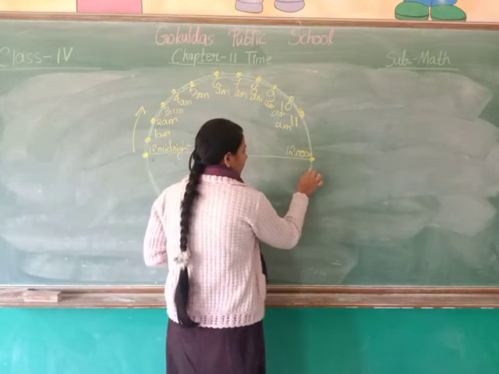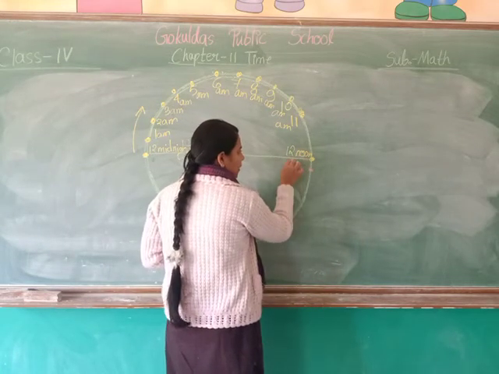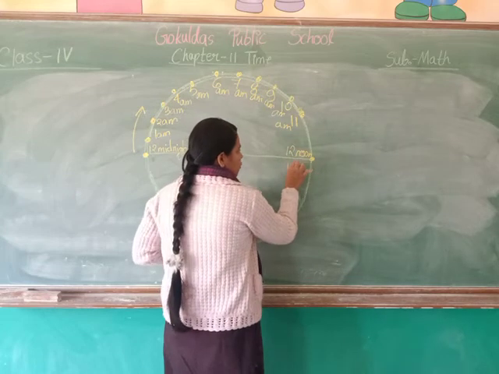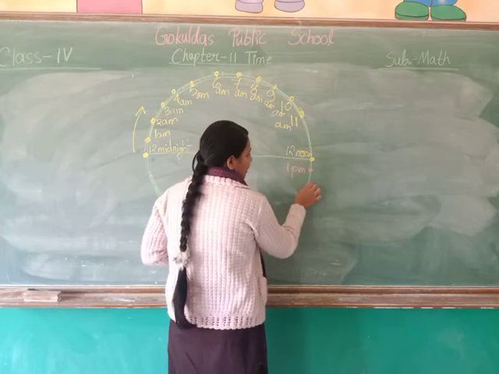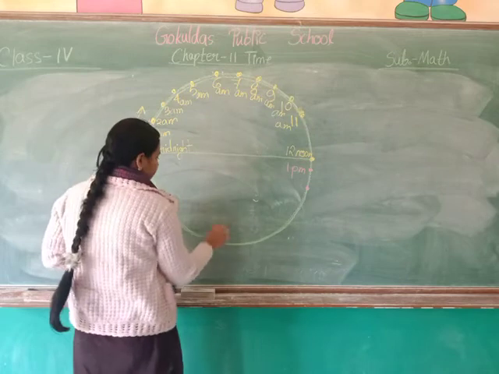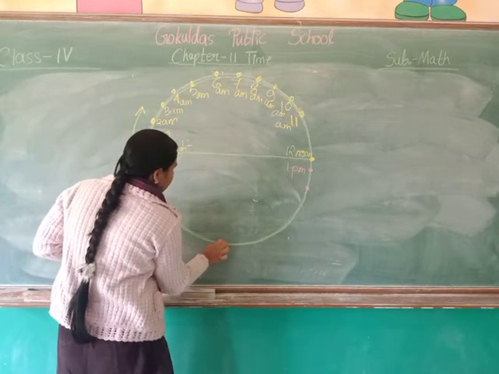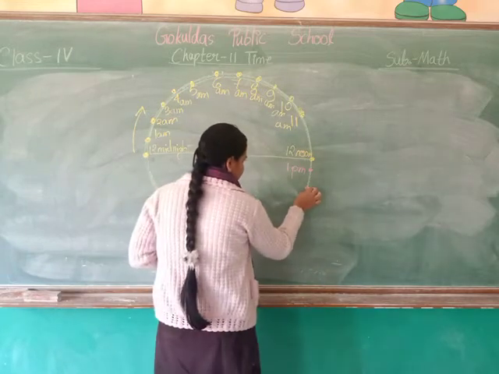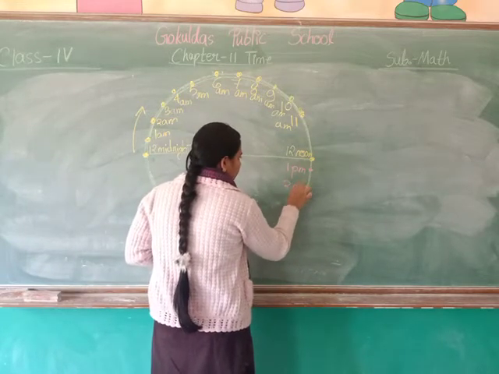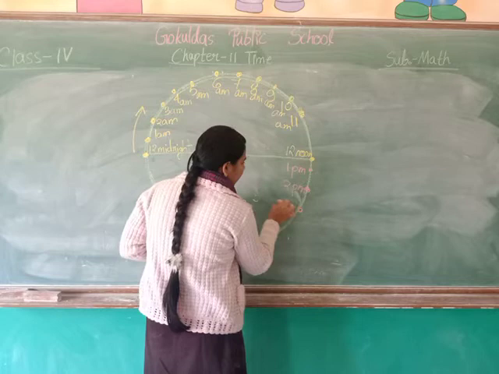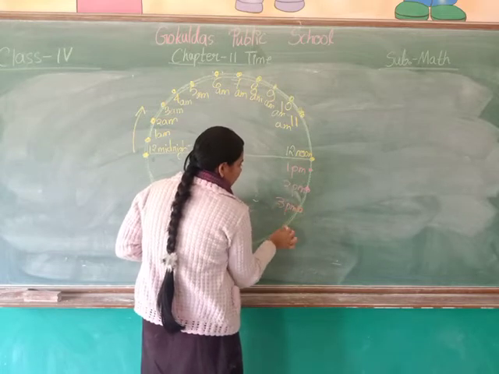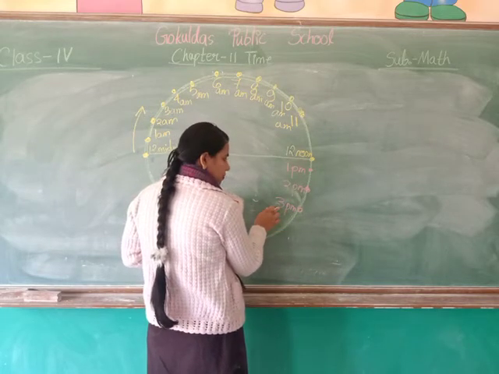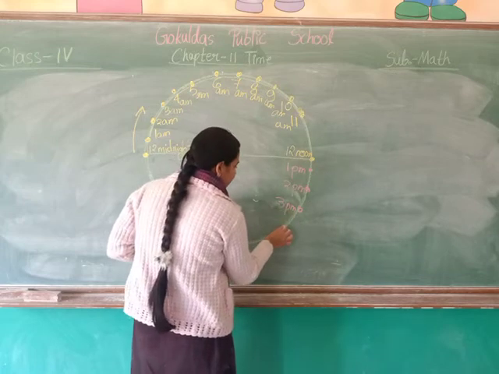So what will happen: 2 PM. Then दिन के 3 बजेंगे, so we will represent it by 3 PM.